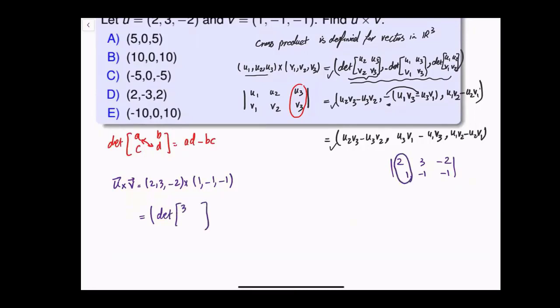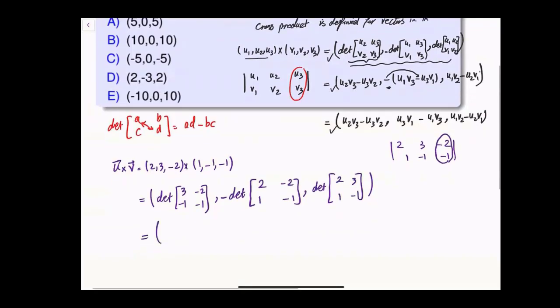This is 3, negative 2, negative 1, negative 1. That will give you the first component. The second component, you cover the second column. You multiply the determinant by a negative sign. You get 2, negative 2, 1, and negative 1. And the last one is the determinant of, I cover the third column, and this will be 2, 3, 1, negative 1.